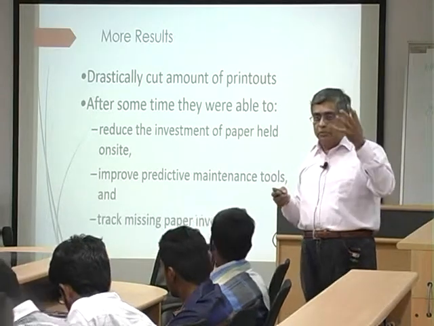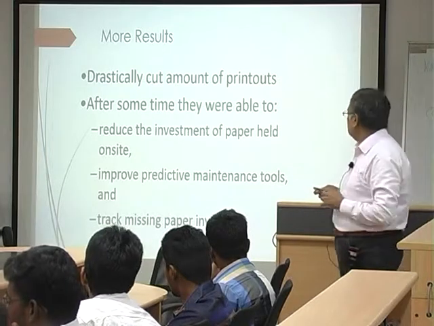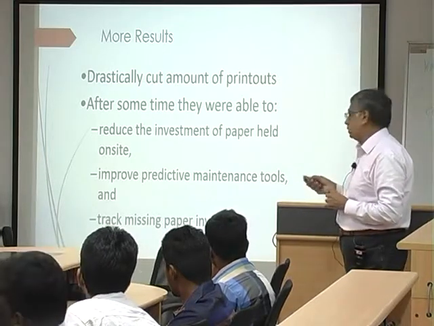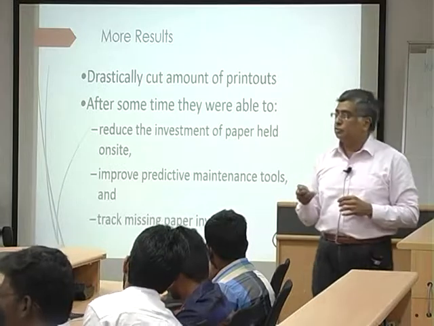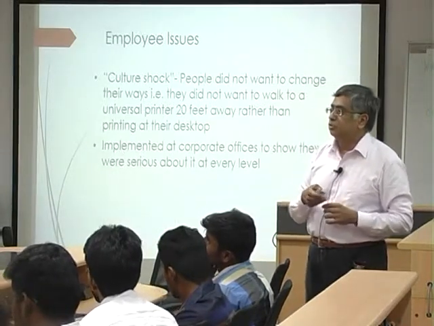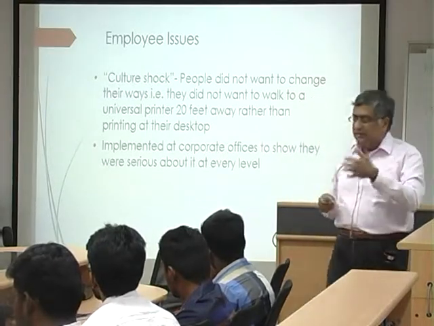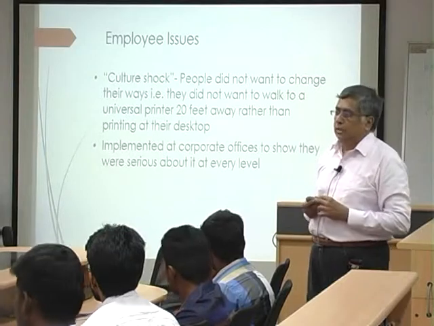At what time? So when there's a lull and there are not too many print jobs going on, that time you schedule the maintenance of your copiers, track missing paper inventory and so on. So you get a lot of benefits by just going through the demand management, the digitization, and some re-engineering of their network.